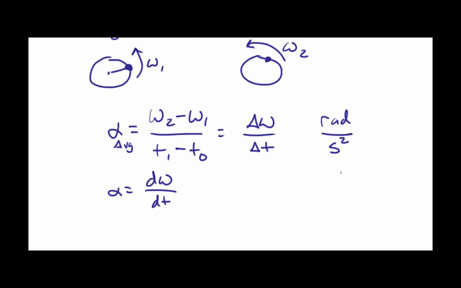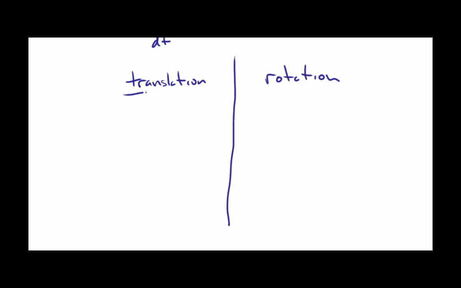All right, so we're putting together a little bit of a picture here, and just let me summarize this in a nice table. And hopefully this is very obvious to you, that we have some equations that are very, very similar between the translational world and the rotational world.